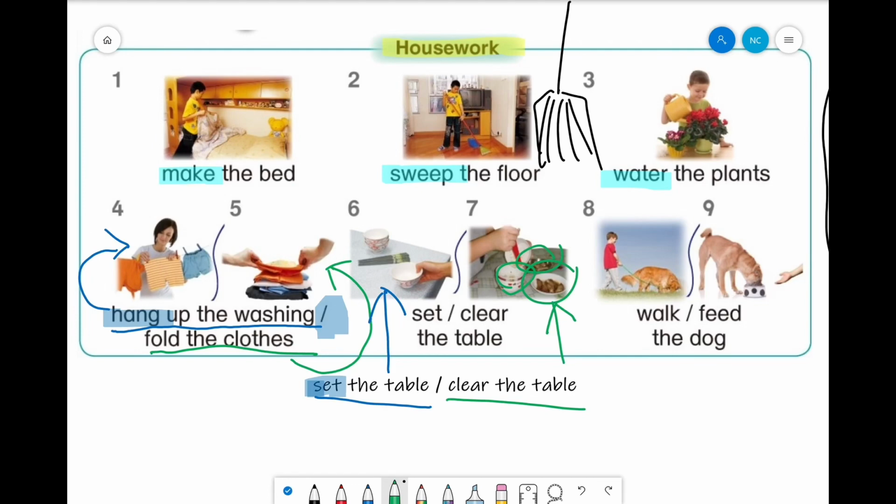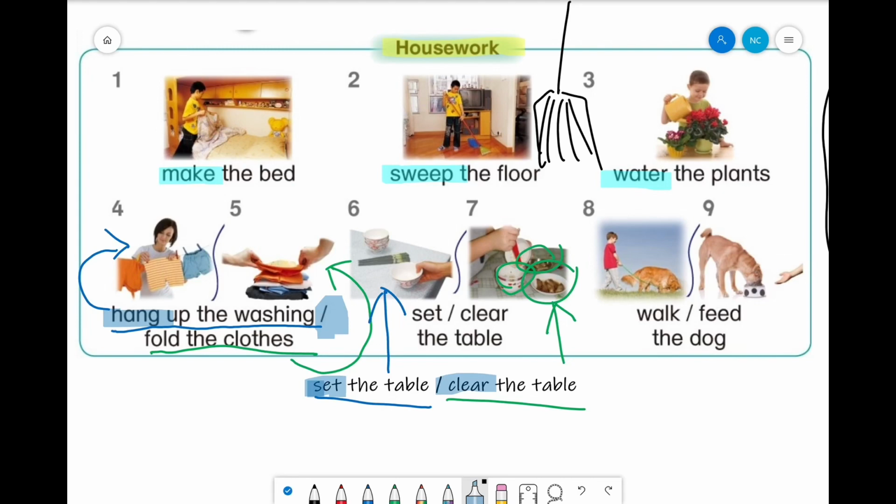So we do this after we have had our meals. So after lunch, we clear our desks by putting our lunch box outside the classroom, throwing it away, and we clear the desk, we clean it with wet tissues or cloths. So this is clearing the table. Of course, the verb is clear.